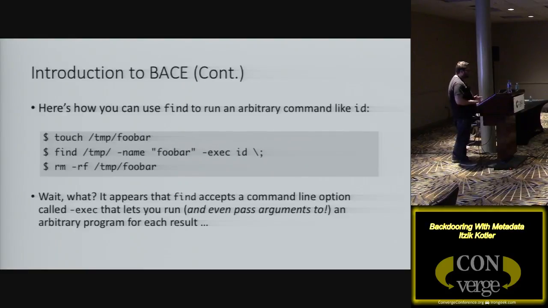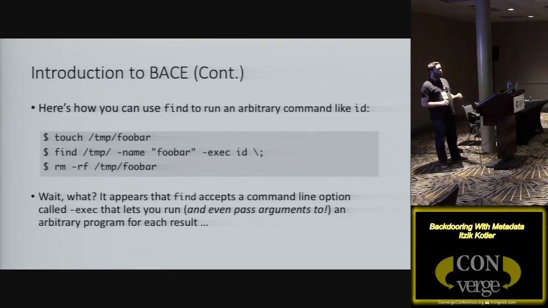However, find also has an interesting option, a flag called -exec. And again, it's not a secret, it's not a mystery, it's out there in the documentation, and it's basically an advanced option that allows find to run a command every time it finds a file that matches the search query. So here we can see a very straightforward example of how I first create a file called foobar in the temp directory.